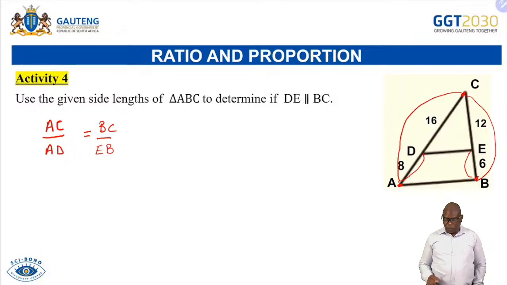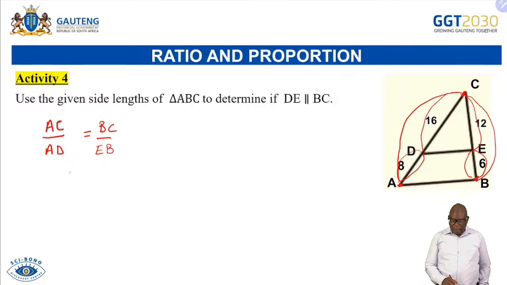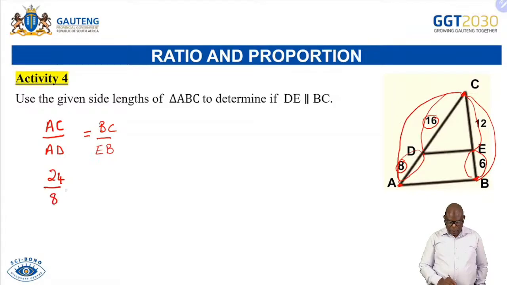You can do it the easy way. So the easy way will be CD over AD, this over that. I just want to check quickly. AC is how much? AC is 24. How did I get it? 16 plus 8. AD is 8.